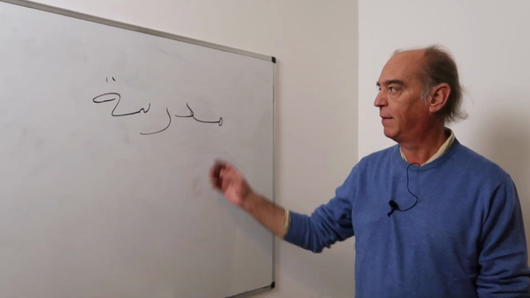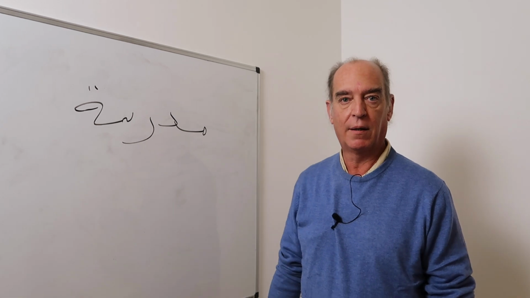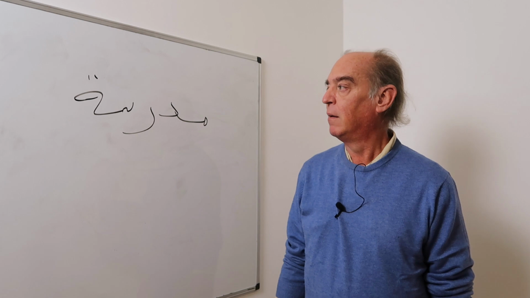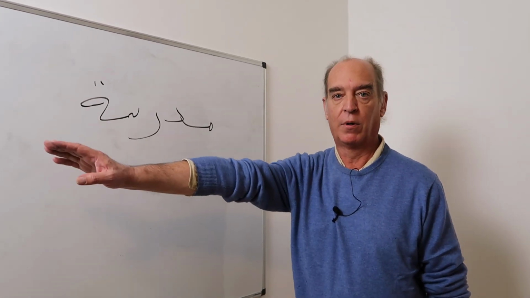So when you meet these words, you should know that it can be two things, madrasa or mudarrisa. How will you understand it? By the context. You have to read what precedes and follows.